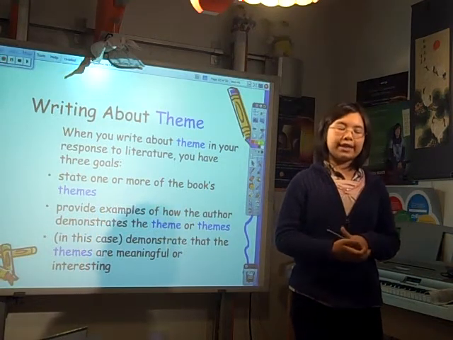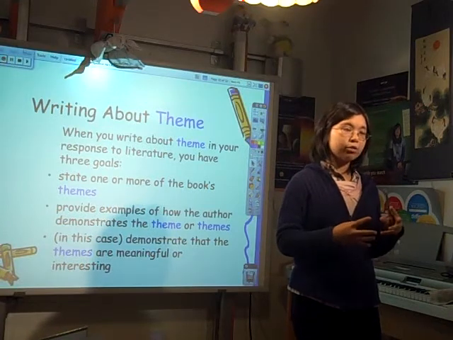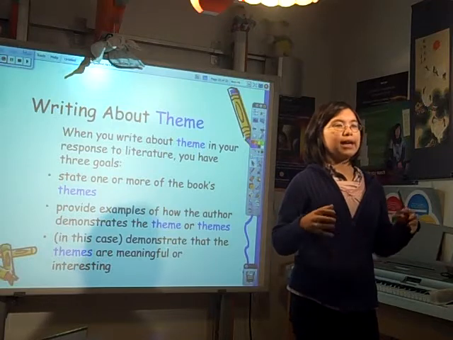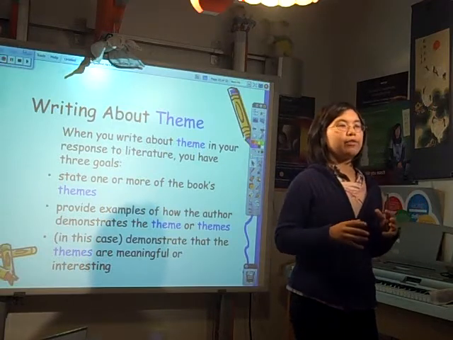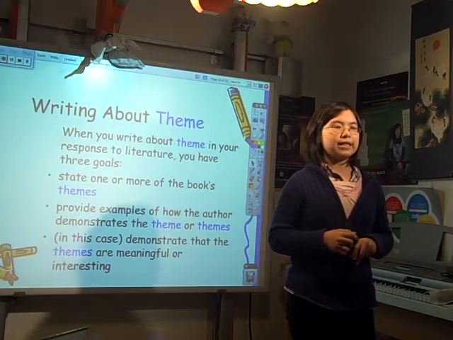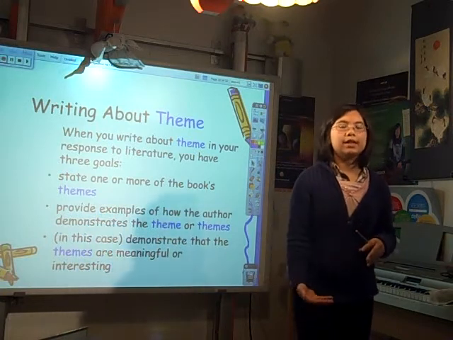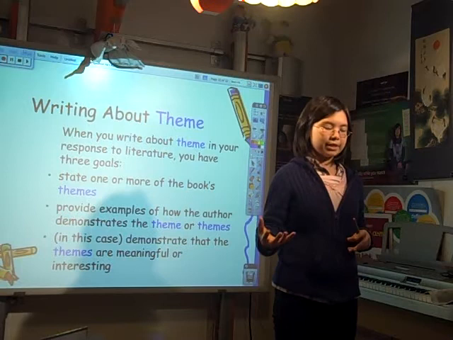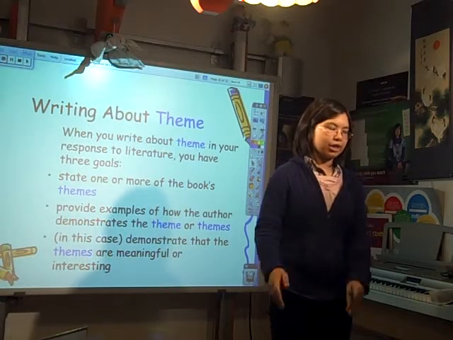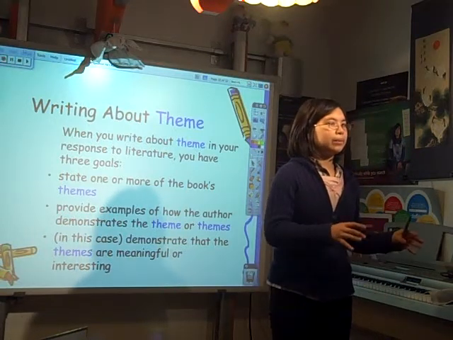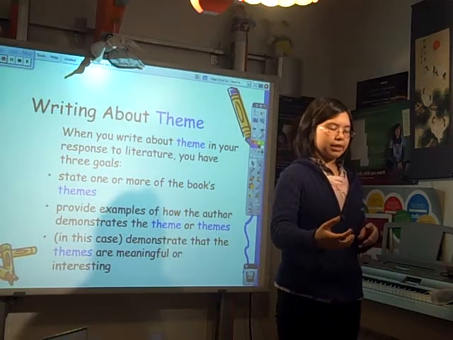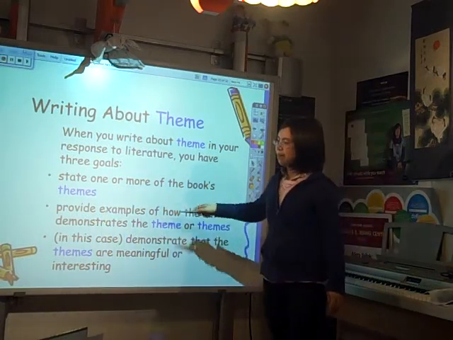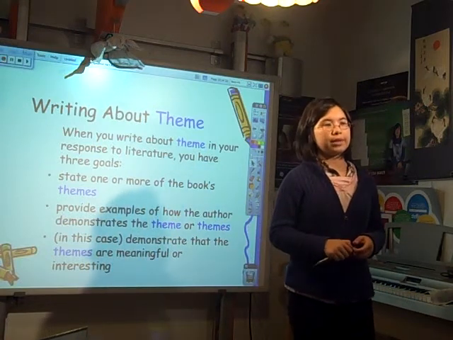If I was writing about the difference between kid reality and adult reality in Calvin and Hobbes, then I might use an example of how Calvin imagines himself as Spaceman Spiff, and he thinks that he's going off onto distant planets when his parents just see him trying not to eat his vegetables. So I would use that example to show the theme, the difference between kid reality and adult reality. Now, what is an example from your book that backs up your theme?